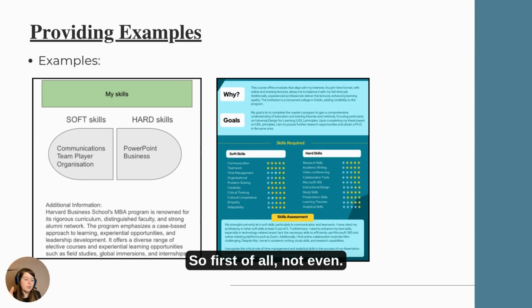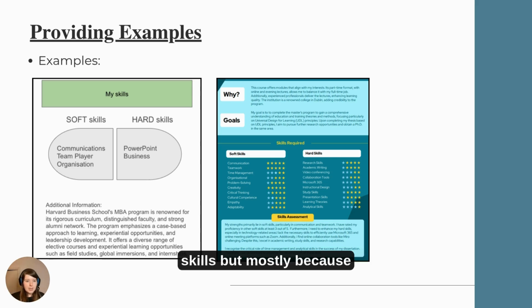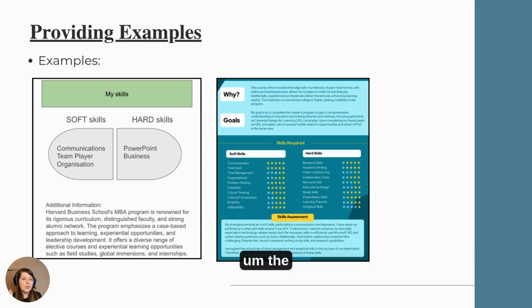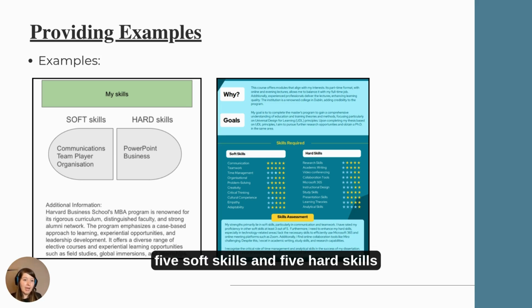First of all, nothing to do with the graphic design skills, but mostly because the assignment brief specifically said that they had to identify 5 soft skills and 5 hard skills, and we can see that it's not the case on the poster. Also, business as a hard skill is a little bit confusing.